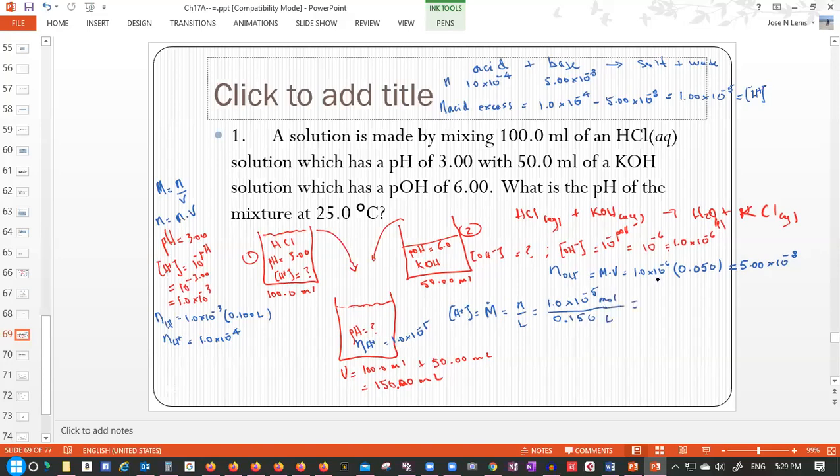And when we do that, divided by 0.150 equals 6.7 times 10 to the negative 4.